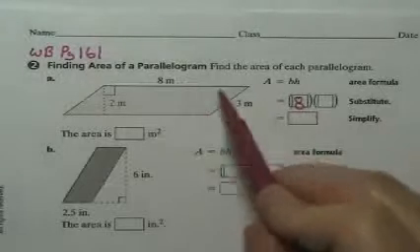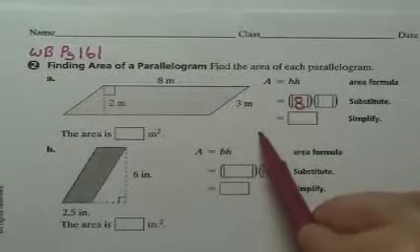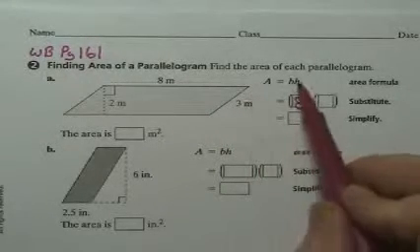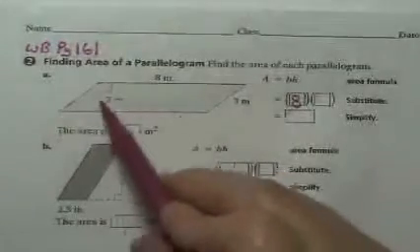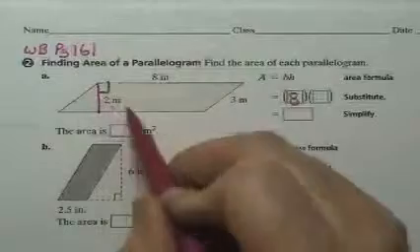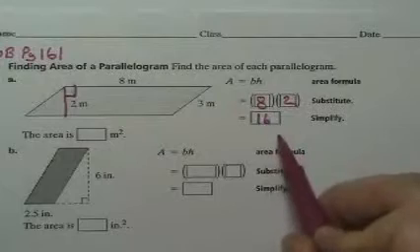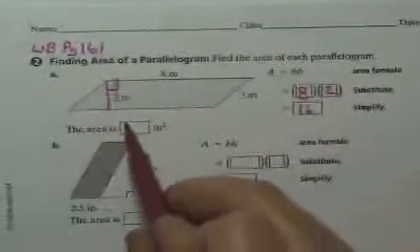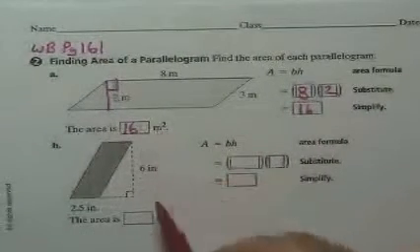And notice again, the units are the same, meters, so that's good. We don't have to convert anything there. And then our height is, going up here, down here, that's our altitude, or what we use as our height. That is 2 meters. And 8 times 2 is 16. So the area is 16 meters squared.